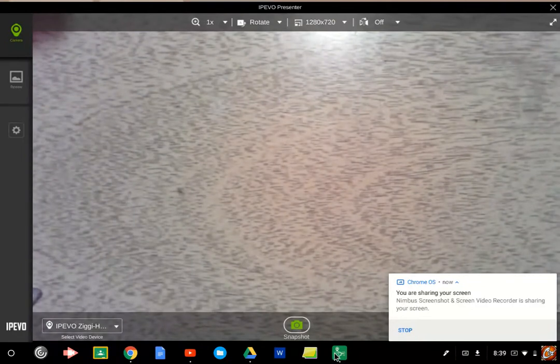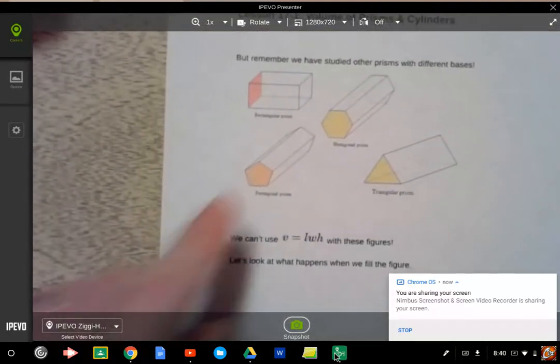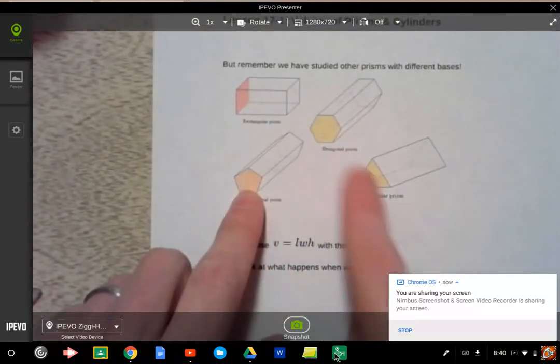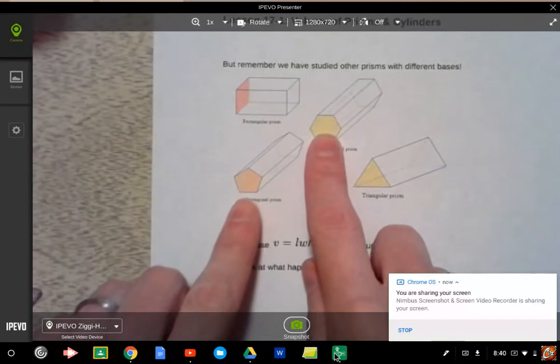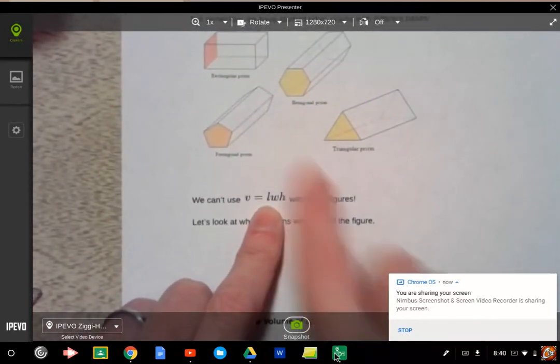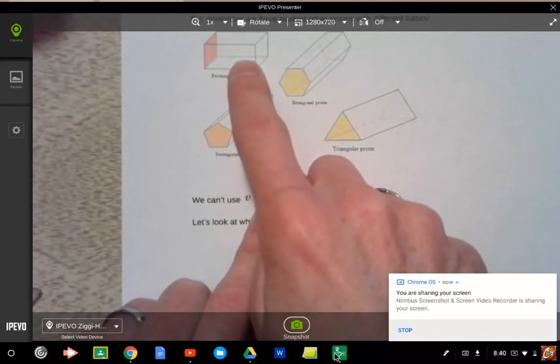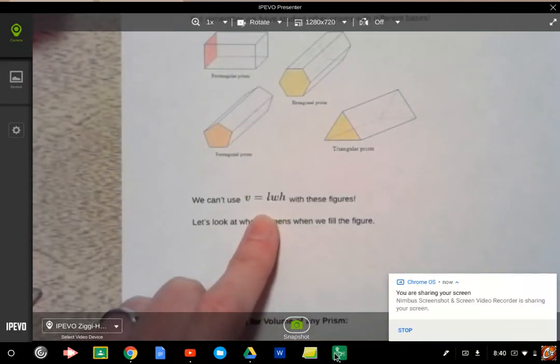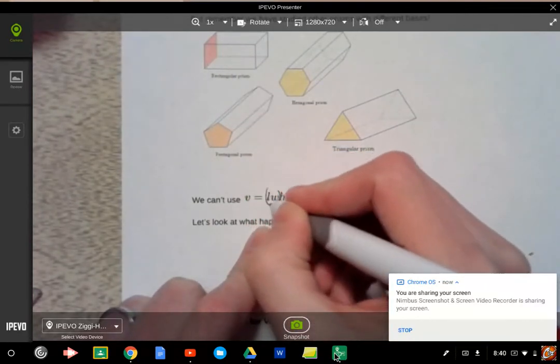So here's what we end up with. Not only do we have the volume of simple rectangular prisms, but we've got all these other prisms with different bases. And this formula, length times width times height, seems to work only for this. But we keep talking about the base. Look at what length times width actually is.